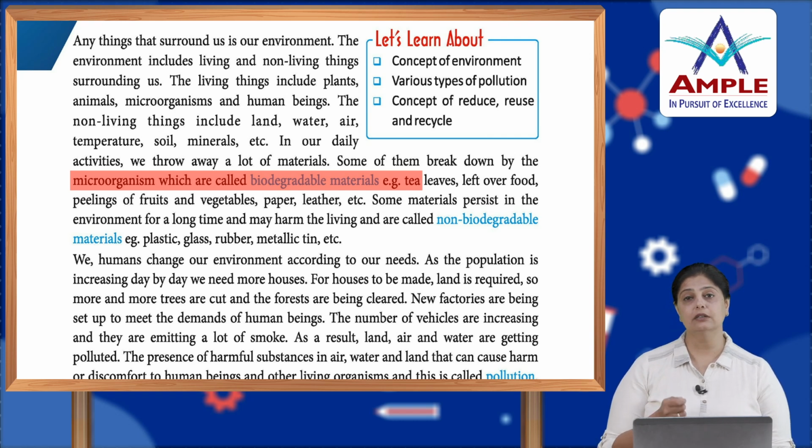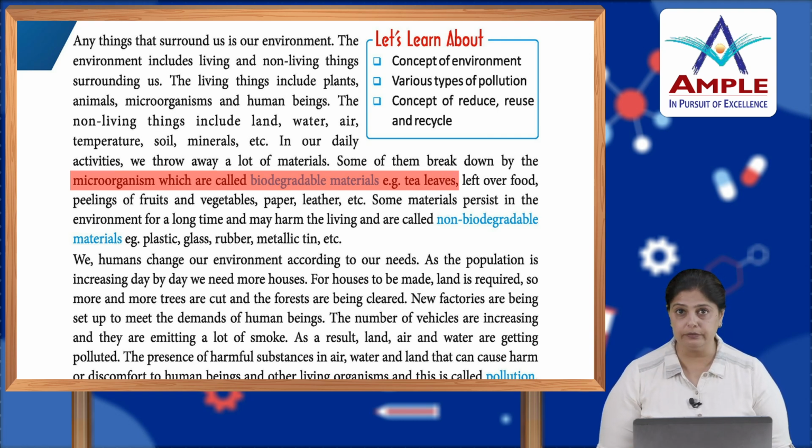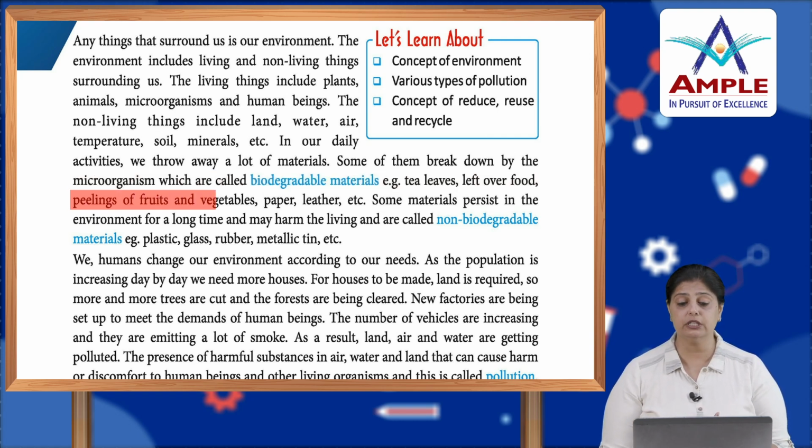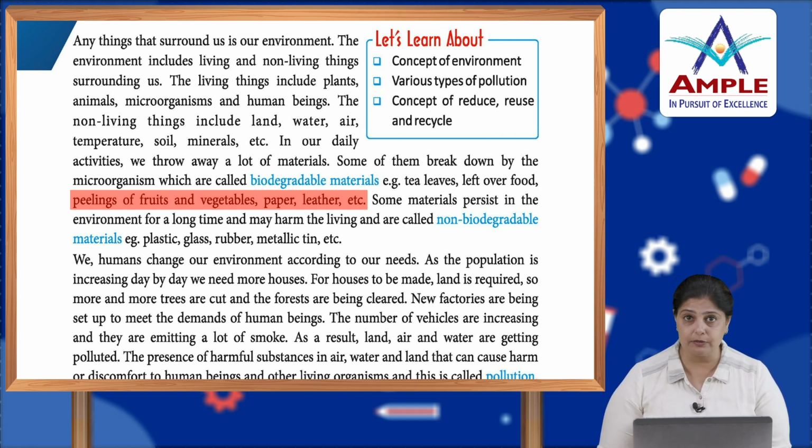Now, these tea leaves are thrown away. Then there is leftover food. Whatever food is left over, or when we peel the skins of vegetables or fruits, that is also leftover food. Peelings of fruits, vegetables, paper, leather, etc. What are all these? These are all biodegradable materials. These are the materials that can be broken down by microorganisms.